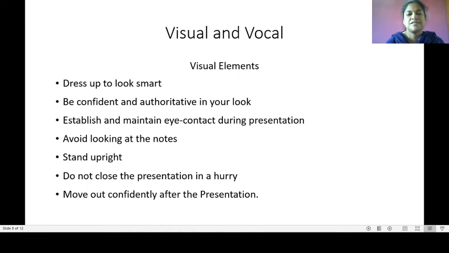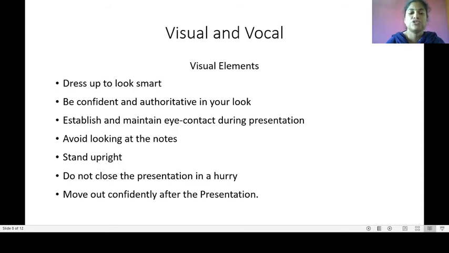The presenter may have prepared notes for the presentation, but it is advisable to avoid looking at the notes. It might give out a wrong message that the person has not prepared well.